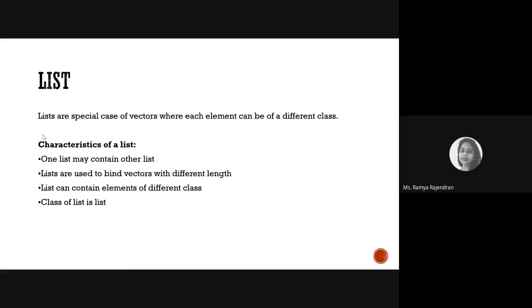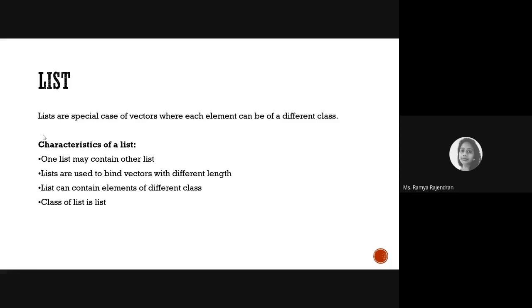In a vector, the true, which is a logical value, will always be considered as a string. But in the case of a list, it will be treated as a logical value itself, which means you can have different classes within a list. You don't have to combine them together as a single class. Also you can have a different list within a list.